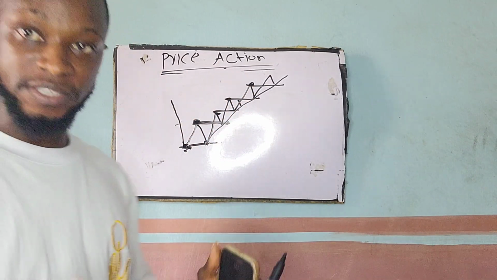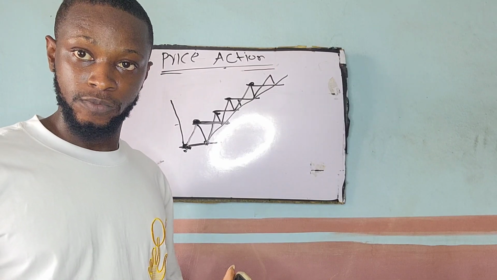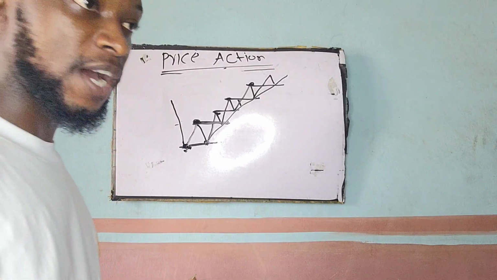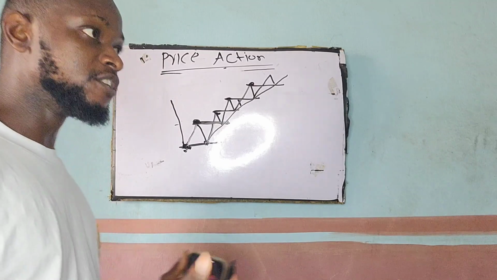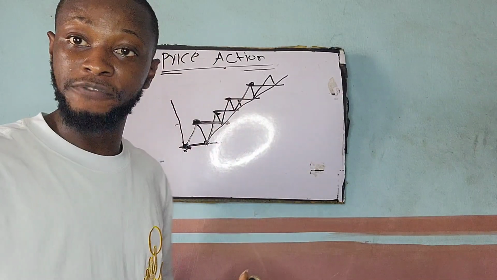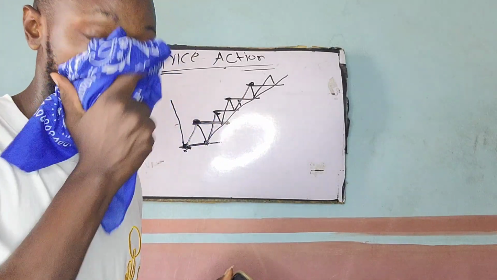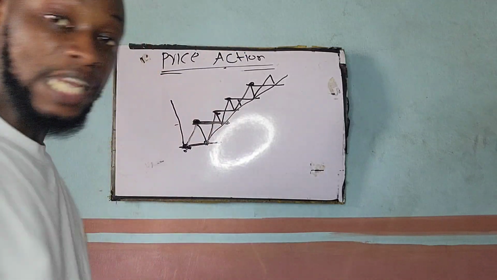Just pay attention to that English word, support. You know the meaning of support: someone wants to support you. For instance, you want to buy a phone and you need support. The phone is 200,000, and he gives 100,000 or 150,000, or 50,000, to complete your money to buy the phone.